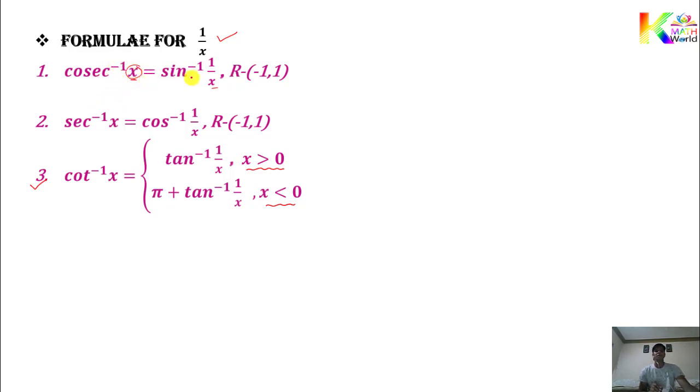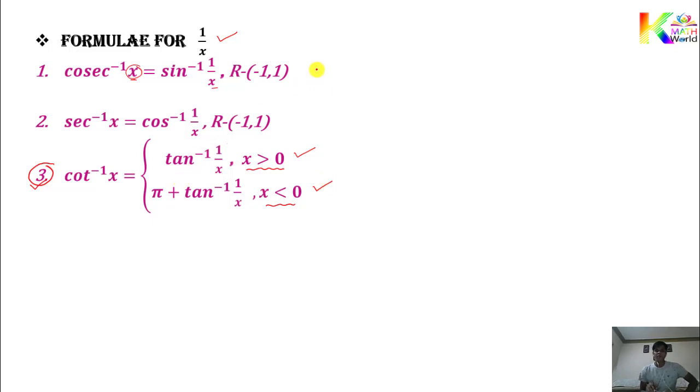So cosec inverse x is sine inverse 1 over x. Same as sec inverse, the reciprocal of that is cos, so cos inverse 1 over x. And cot inverse, same way, tan inverse 1 over x, but this is only for x greater than 0. So we only have to remember the third result, and you get pi plus tan inverse 1 over x whenever x is less than 0.